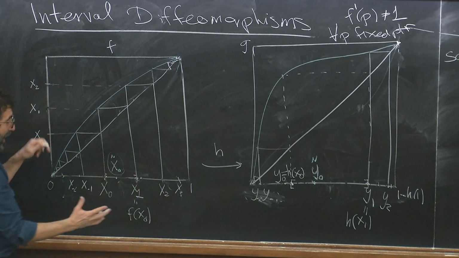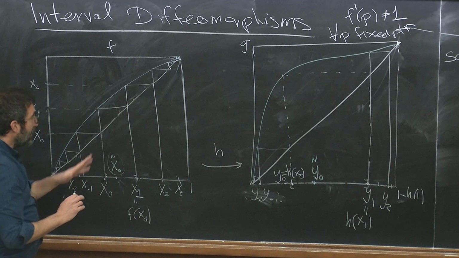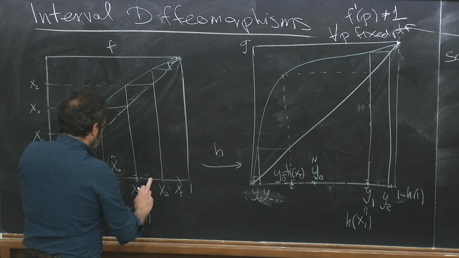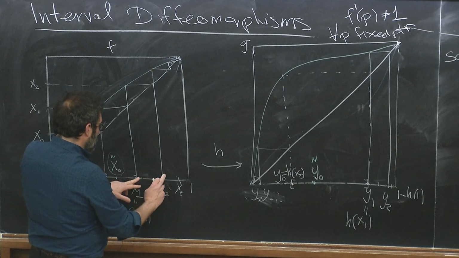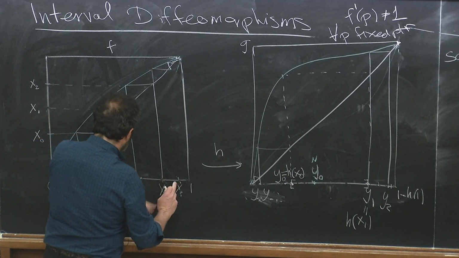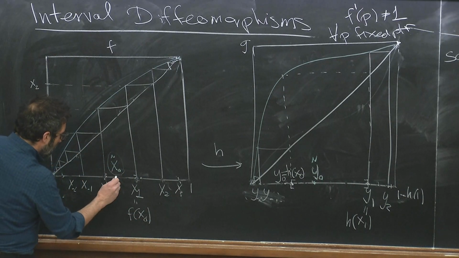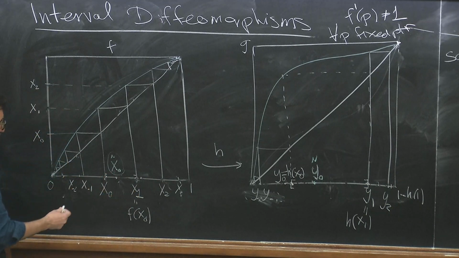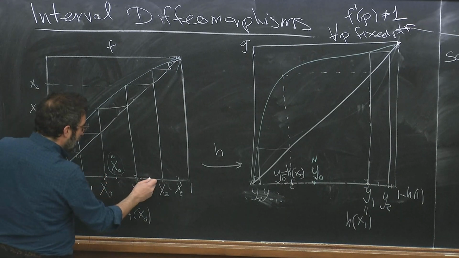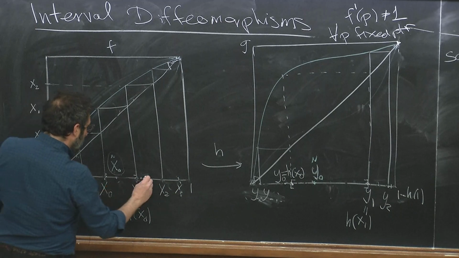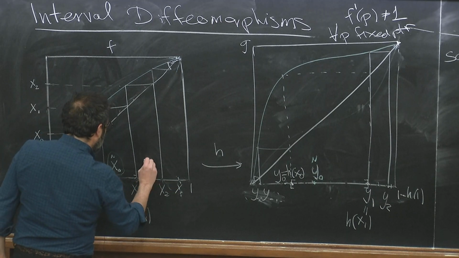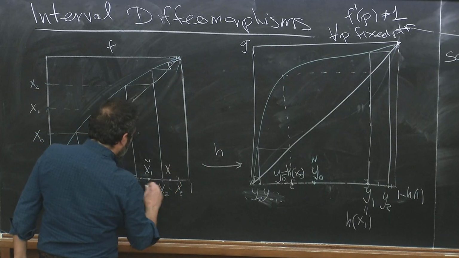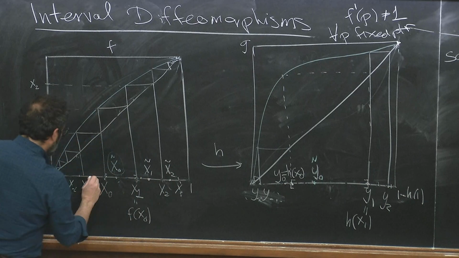So in fact, the dynamics is already giving us some information here. Clearly this interval is mapping to this interval, then this interval is mapping to this interval. And therefore, if I take some x0 tilde here, then the full orbit of x0 tilde will contain exactly one element inside each of these intervals. So x1 tilde will clearly be between x1 and x2. x2 tilde, we don't know exactly where it is, but it will be here, and so on.